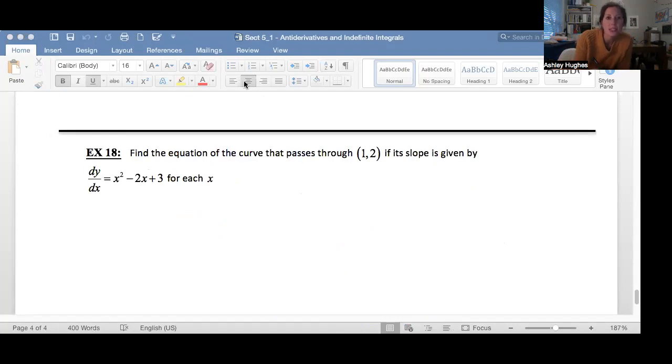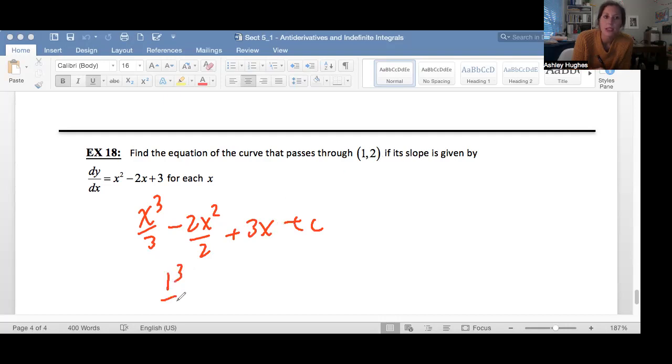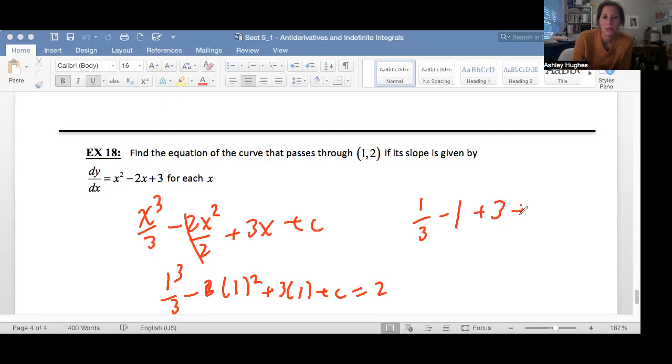And then lastly, I'm going to take the antiderivative of this, and then plus c, and then we're going to plug in 1 and set it equal to 2. So 1/3 minus 1 plus 3 plus c equals 2. So that's like 3 over 3. So that's -2/3 plus 3 is 9/3.